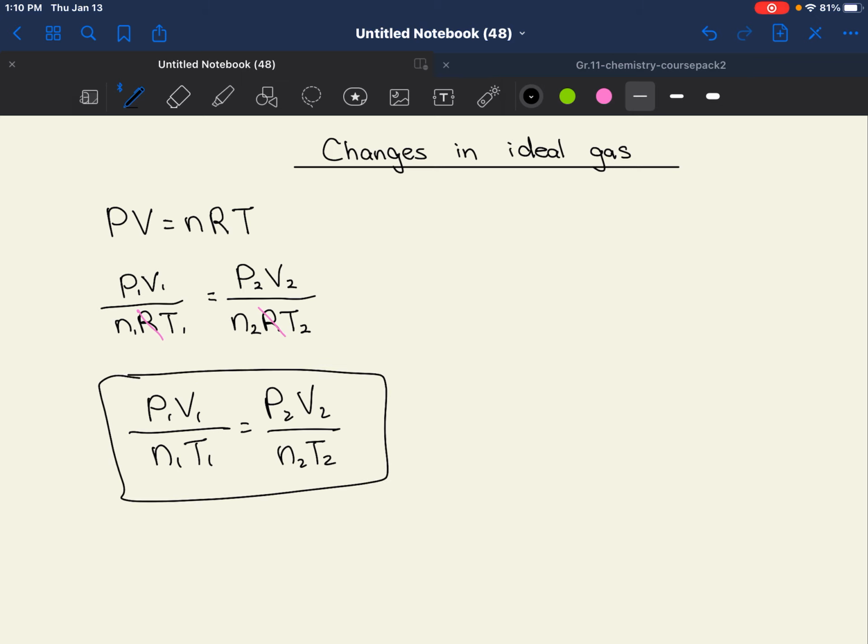Okay. Now, depending on the nature of the question, when you have a variable that remains constant, you're just going to make this mathematically easier. Like, for example, if the question says pressure remains constant, that means this number and this number are going to be the same. If they're the same, be my guest, cross them out, and your formula here is going to be a lot easier.